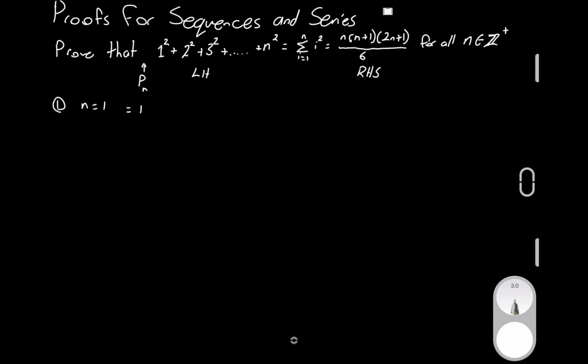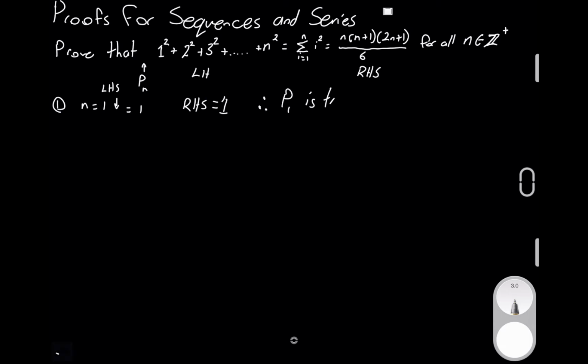So 1 times 2 times 3 is equal to 6. 6 divided by 6 also equals 1. So we could say the right hand side is equal to 1, and the left hand side is also 1. So therefore we could say that P1 is true.